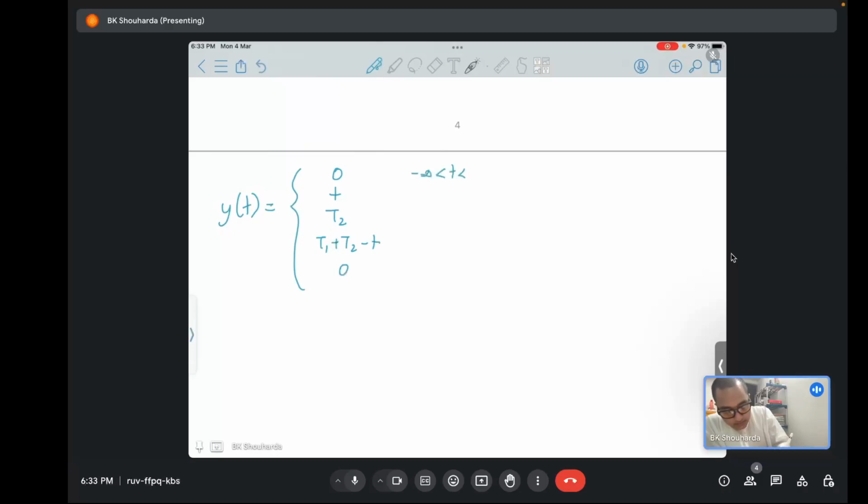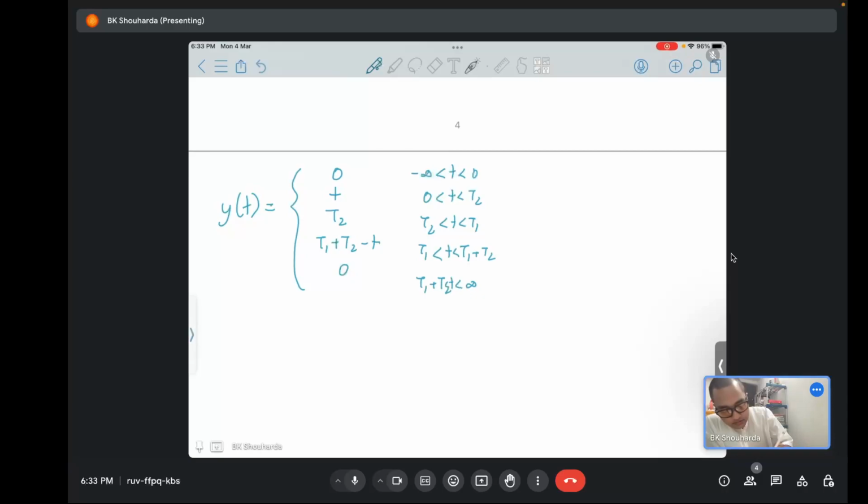Minus infinity till 0, from t till t2, from t2 till t1 plus t2, and from t1 plus... this one is till t1, this one is from t1 till t1 plus t2, and this one is from t1 plus t2 till infinity.